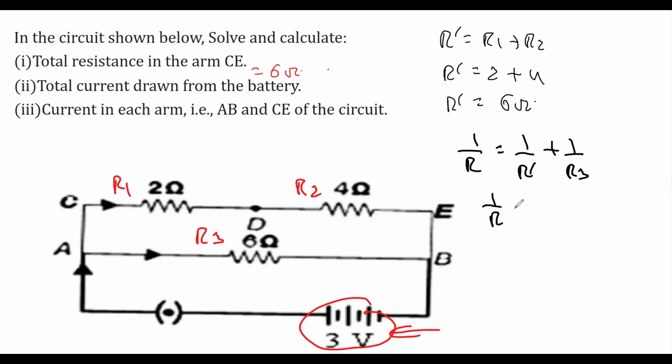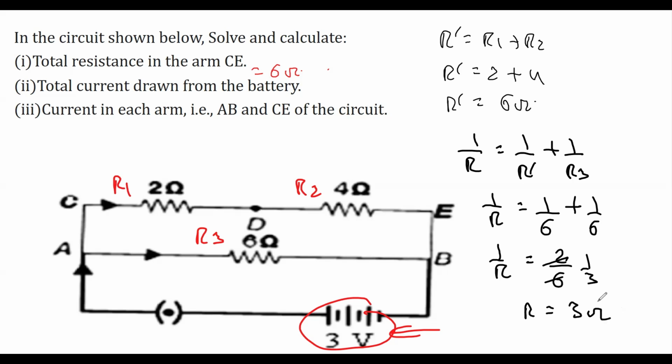So if I calculate, 1 over R dash, R dash is 6 from here, and this is already given 6. So it will give you how much? 1 by 6 plus 1 by 6 is 2 by 6. On reducing, we are getting R as 3 ohm.